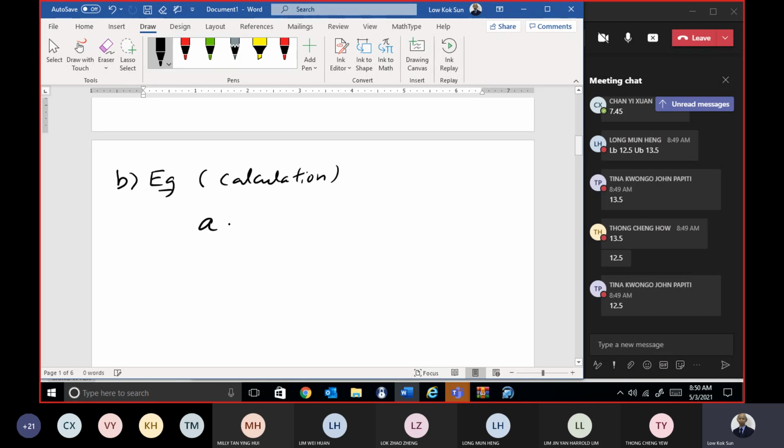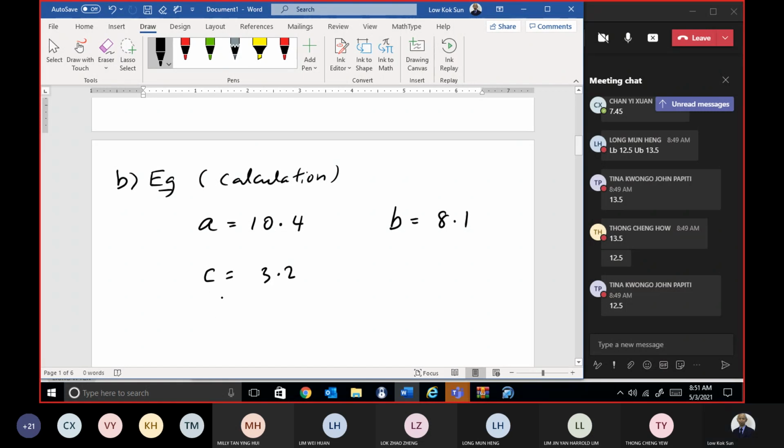Let's say I have 10.4, this one equal to 8.1 and C equal to 3.2.